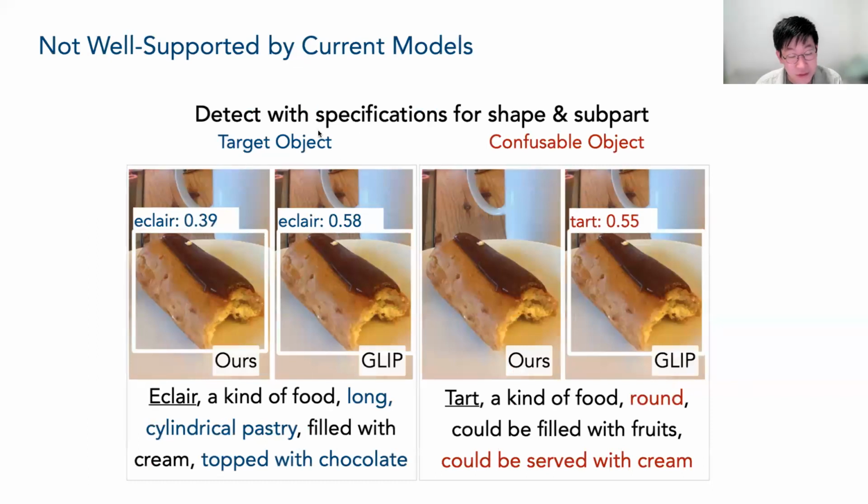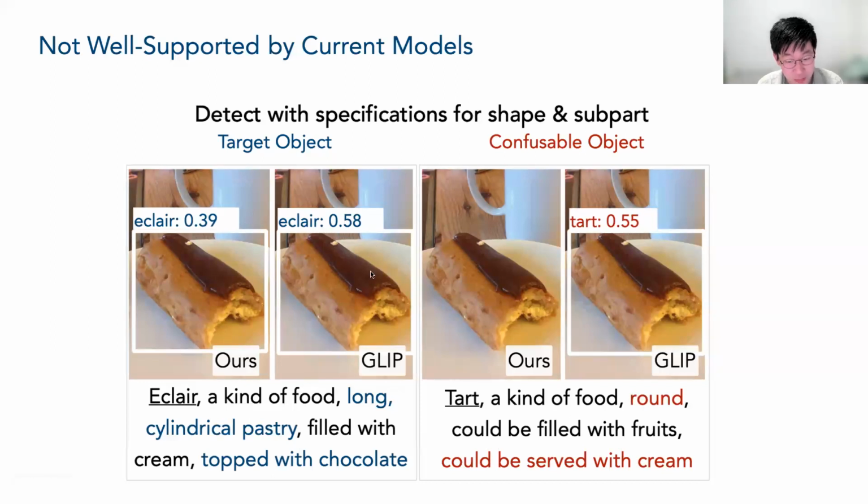The first example I'm showing is you are trying to generalize to a rare entity called eclair or tart, two kinds of sweets. You give a description and you give it to the model. The ideal case is because the object in the picture is an eclair and not a tart, the model should not give any prediction when I give the query of tart, but give a prediction for eclair.